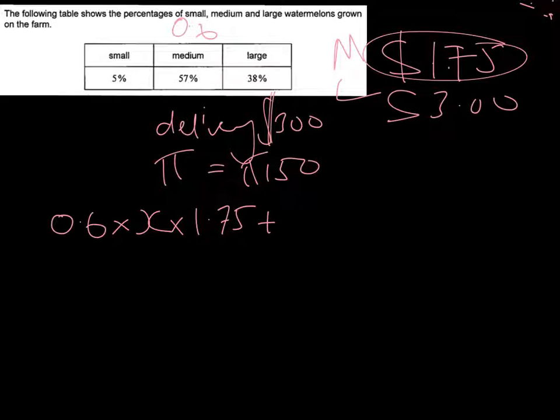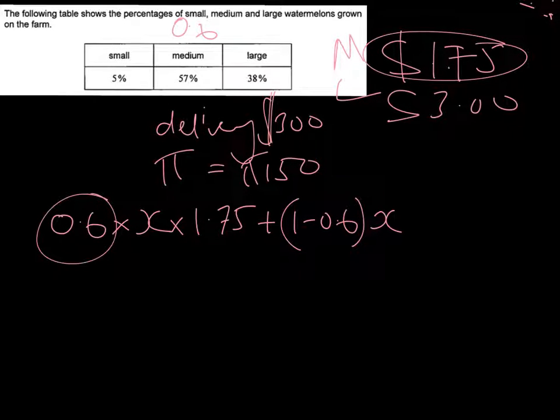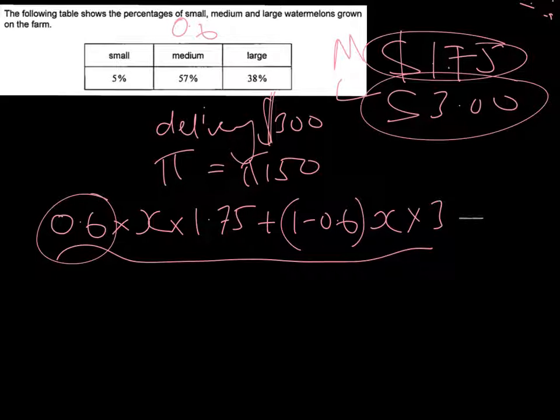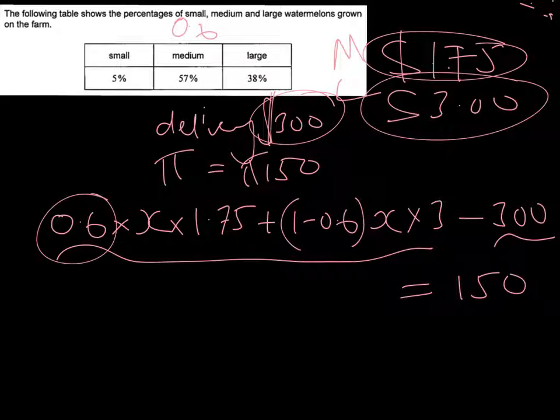To that we add the probability of getting a large watermelon, which is 1 minus 0.6, multiplied by the number of melons sold, multiplied by the price of the large watermelons, which is 3. This gives us the income. From that, we subtract the expenditure, which is the delivery cost of 300, and that gives us the profit, which is 150.